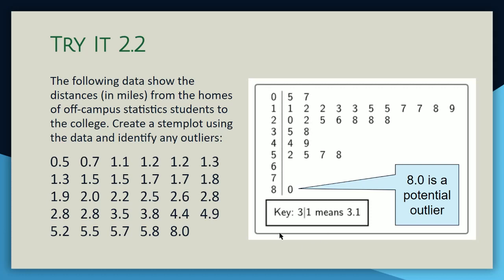So this key tells anybody looking at my table that that first row is 0.5, not just 5. That second row is 1.1, not 11. So that dividing line is where the decimal point is.